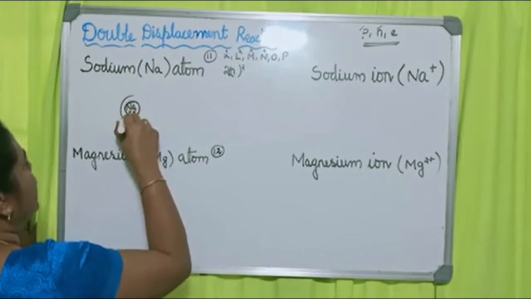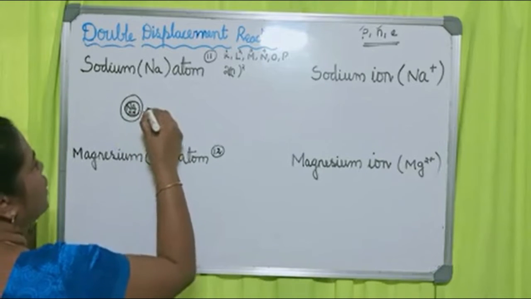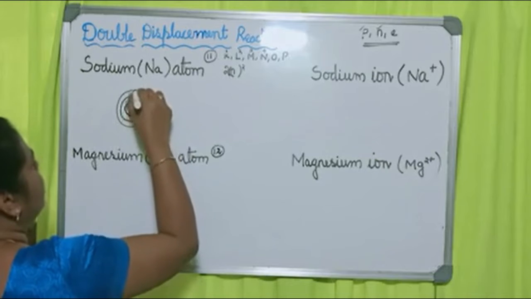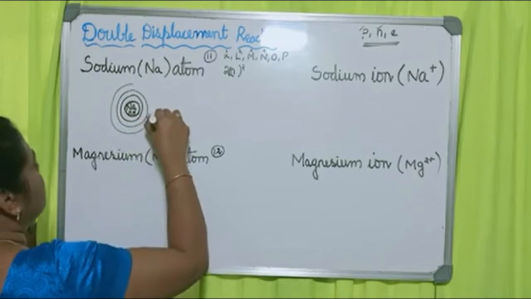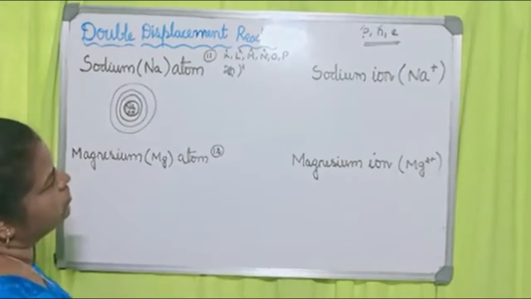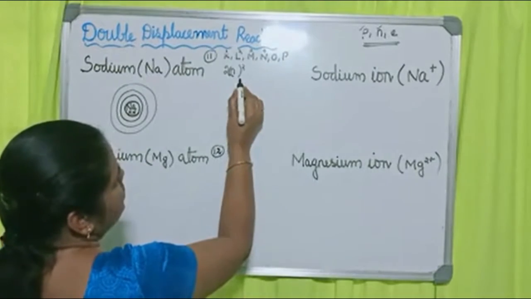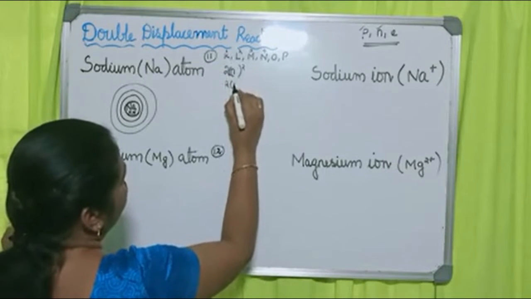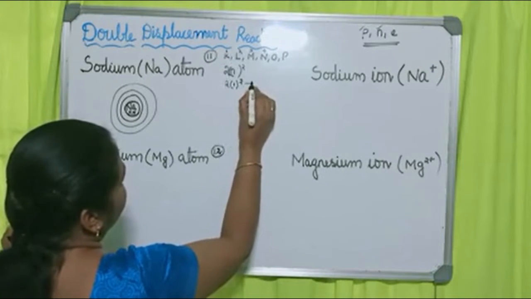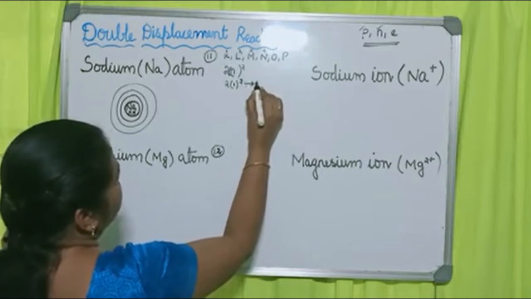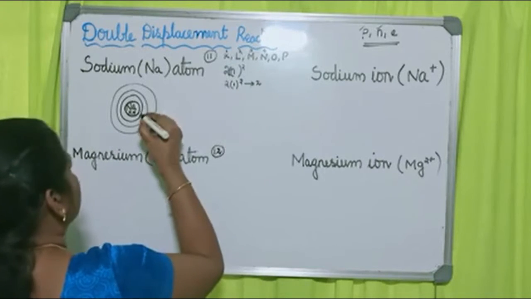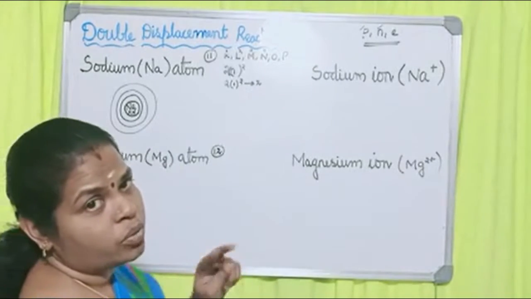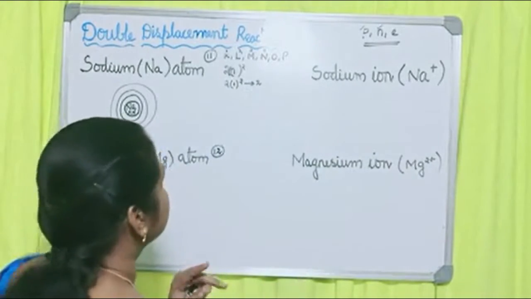First I will draw the K shell, then the L, and next the M. 3 shells I have. Now 2n square is the formula. In the place of n, first we should put 1. So in the first shell, we can have only how many electrons? 2 electrons. It is restricted.